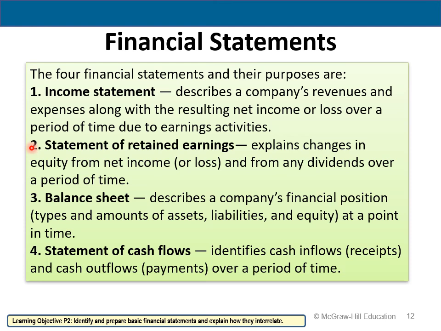If we have a company that has a 12/31 year end, the beginning balance in retained earnings is going to be January 1st, i.e. the first day of business in that year. And the ending balance is 12/31. So we'll see increases from net income to retained earnings, or decreases due to net loss or dividends paid. All right.